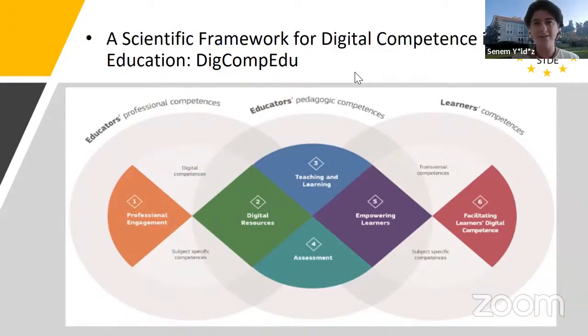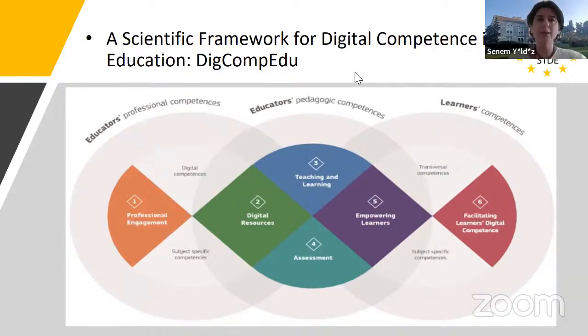One thing, I think we're going to announce this, is that we would like to give you an opportunity to assess your digital competence level at the end of this conference by giving you a questionnaire, a survey, where you can easily answer 22 multiple choice questions and a couple of open-ended questions and see what your level might be in this framework and where you might need more support.